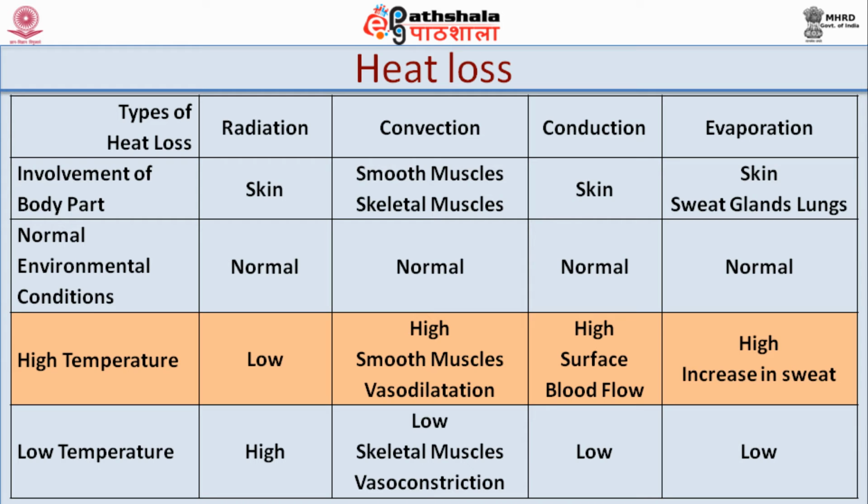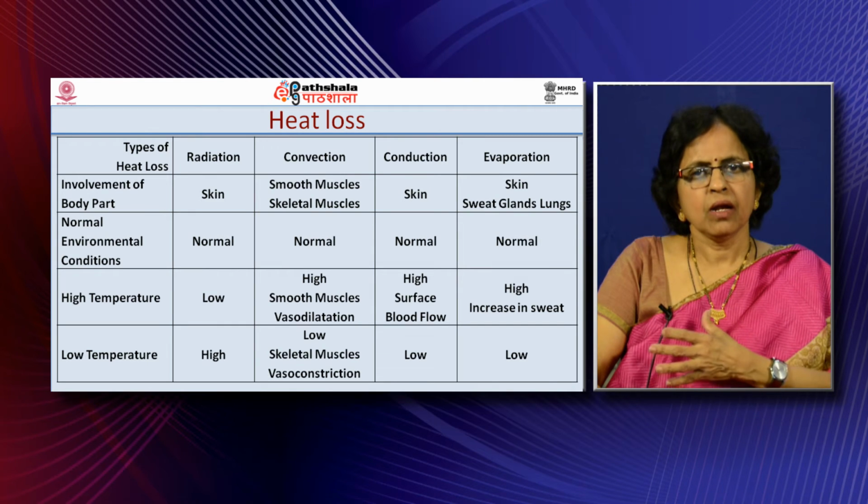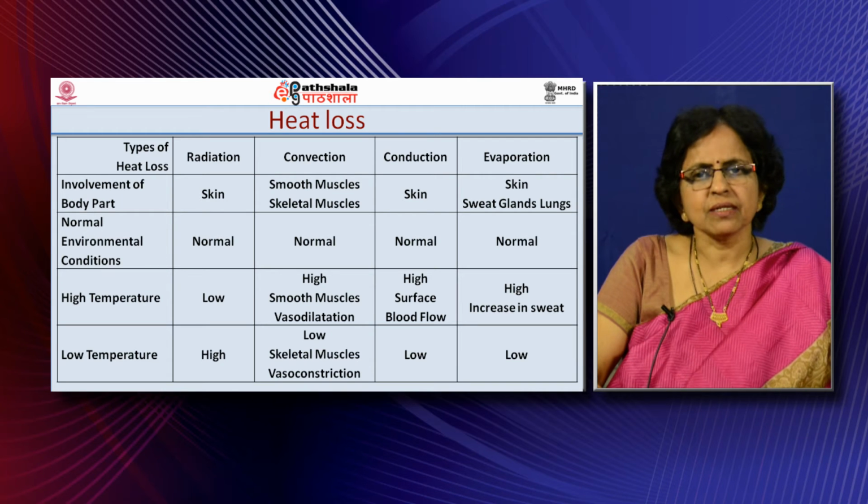On the contrary, at low temperatures, radiation is not very high, whereas convection is low and the skeletal muscles play a vasoconstriction role, and conduction is also low. Evaporation obviously at low temperature is low. So these are the four mechanisms that play a role using different organs, like for example skin, lungs, as well as skeletal and smooth muscles.